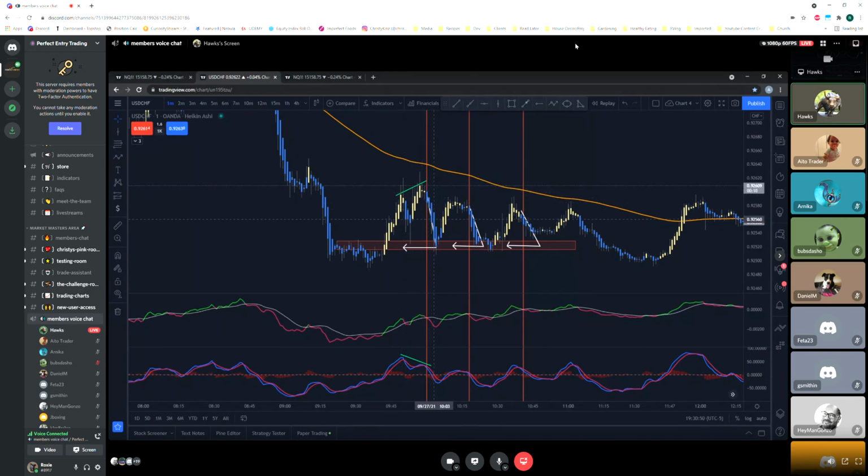But in hindsight, it makes you think, which one do I take first? I'm trying to see if I can find an example over here. I don't, but it's usually one will form before the other one forms. So I hope that answers that question.